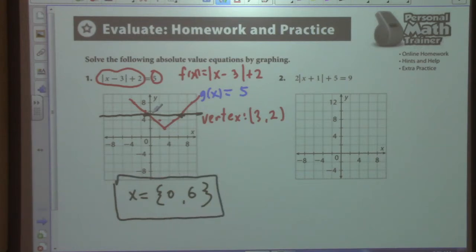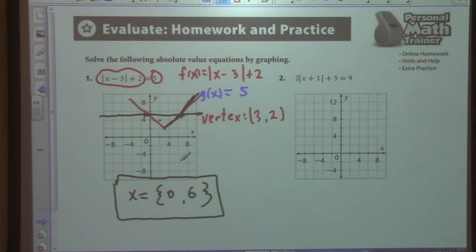But you see how it looks like that's 0, and that's about 6, but maybe a little over. What happened is probably the line I drew should have been more like this, which would make a difference. That's why it's important to check with your calculator.